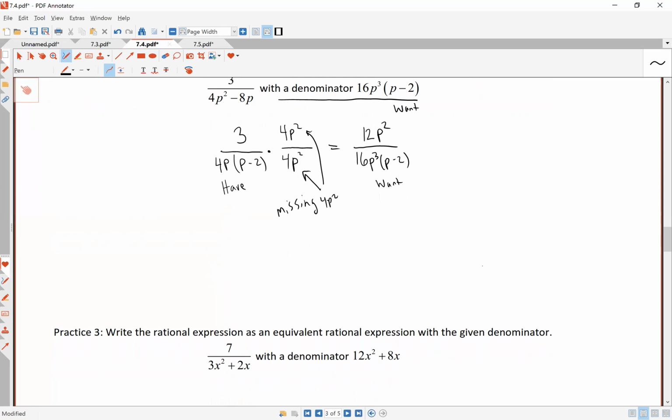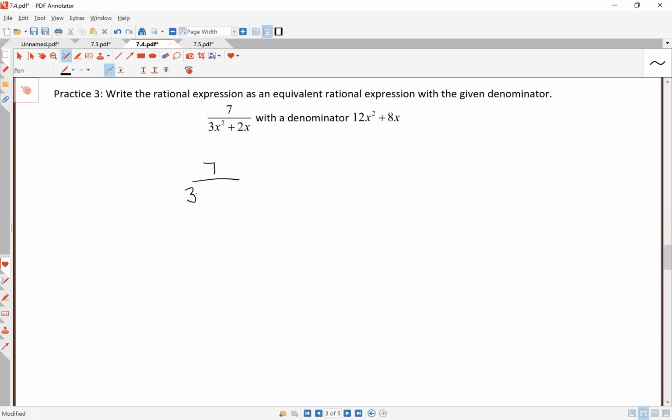All right, now that you've had a chance to work this out, what we have is a 3 and an x times an x plus 2. And what I want to have is 12x squared plus 8x, which has a 4, an x, and a 3x plus 2.